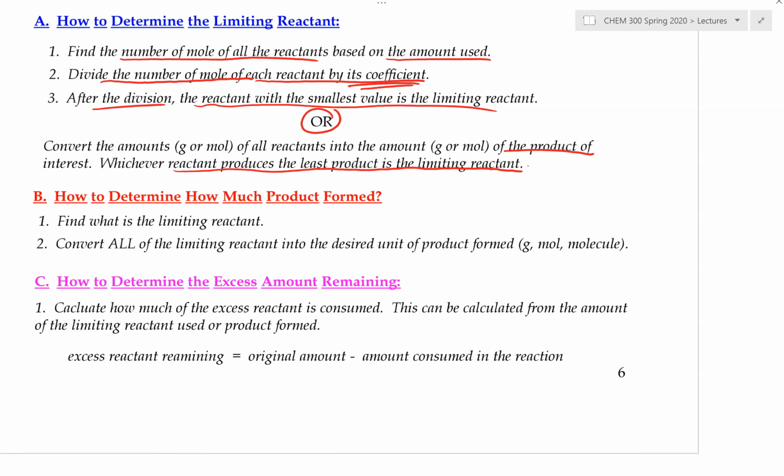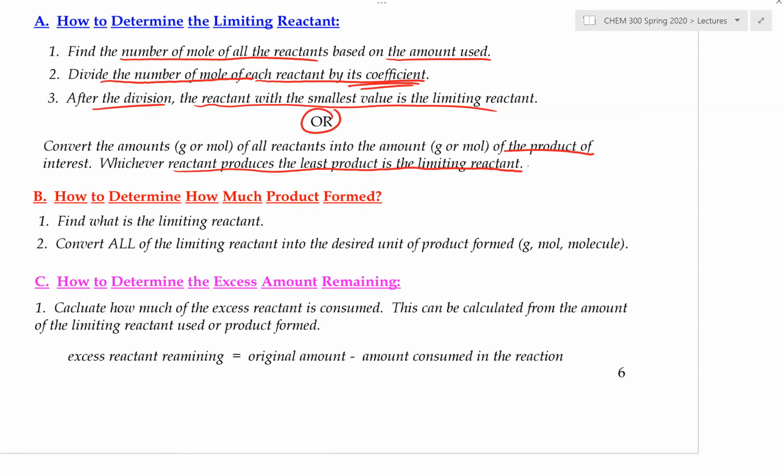If we use up something and can only make a small amount of product, then that tells us that we will run out of that reactant first, right? So therefore, whichever reactant produces the least amount of product of interest would be the limiting reactant.